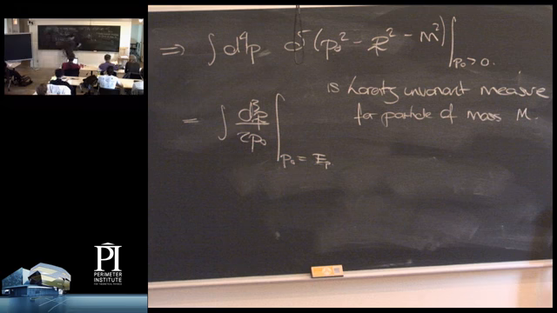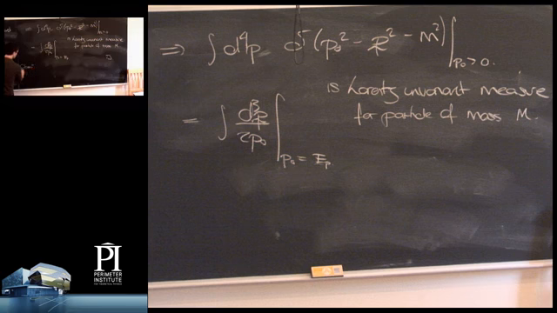An obvious corollary to this is that the Lorentz invariant delta function over 3 momenta is you take the delta function, then you multiply by 2 times the energy of the particle.